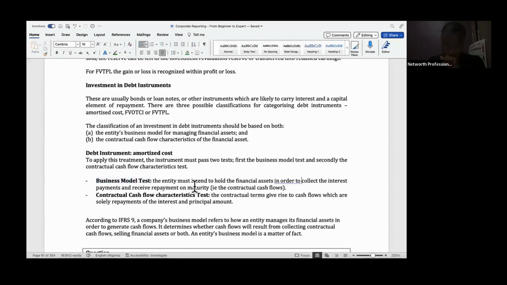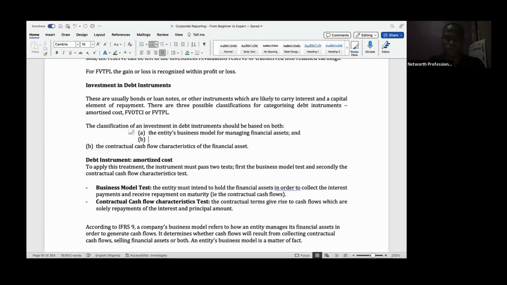But again, maybe before I even go on this amortized cost, let me tell you generally the way you can make money from a debt investment is either of these two. Number one is either you are just going to collect interest and principal, which is like a constant thing.